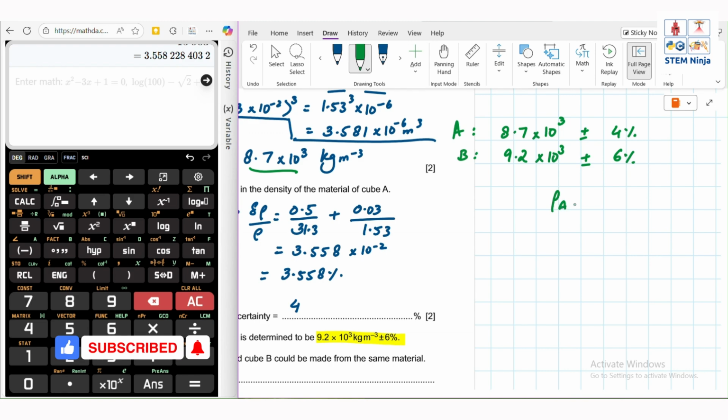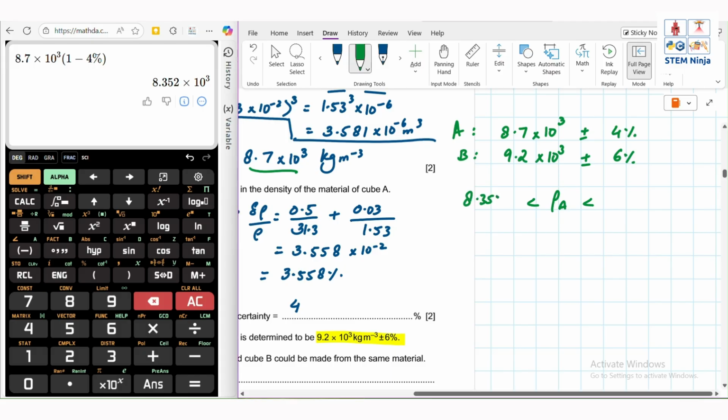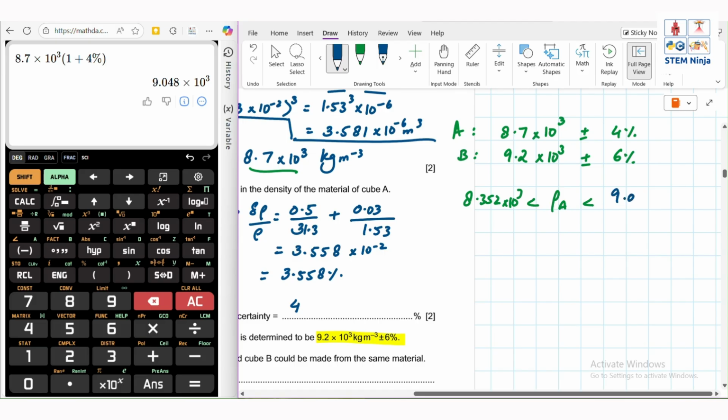So density of A, 8.7 × 10^3. The lower end, 1 minus 4%, would be 8.352. We just need the numbers because the powers are the same, 10^3. Then we can try out with a plus, 9.048 × 10^3.